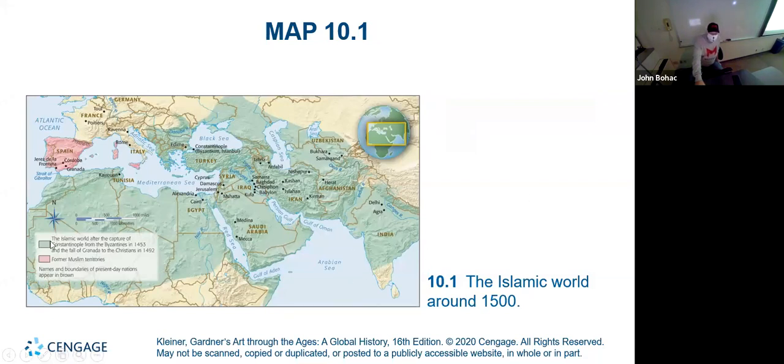So this is the Islamic world in the year 1500. You see, it covers much of what used to be the Roman Empire. It really covers a lot of these places and coexists with Eastern Orthodox Christianity as well.